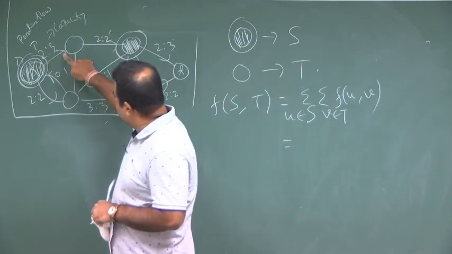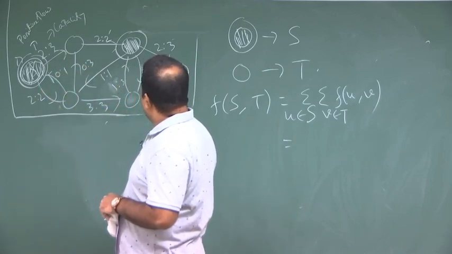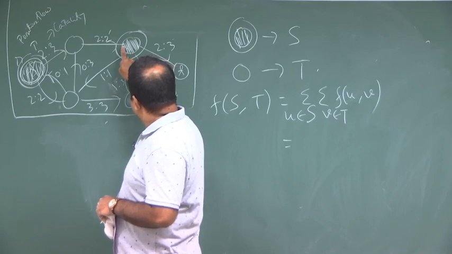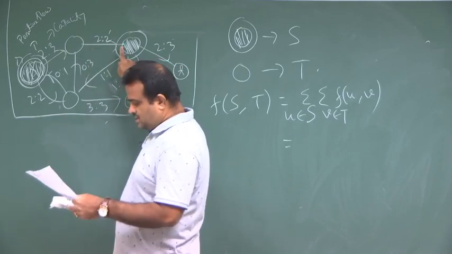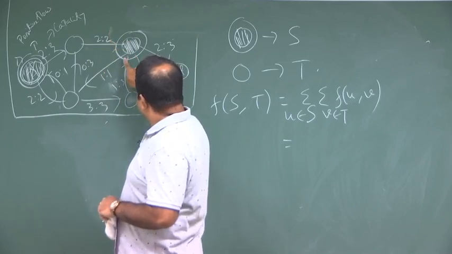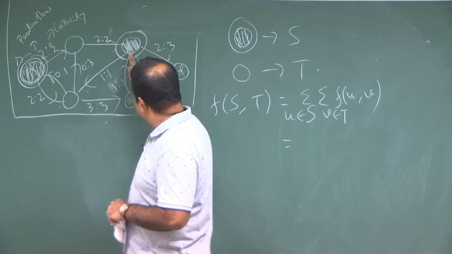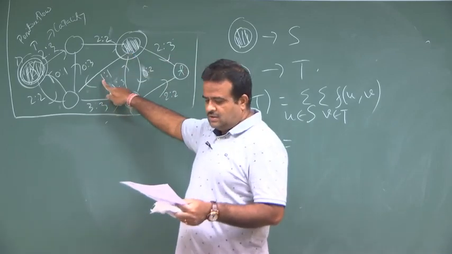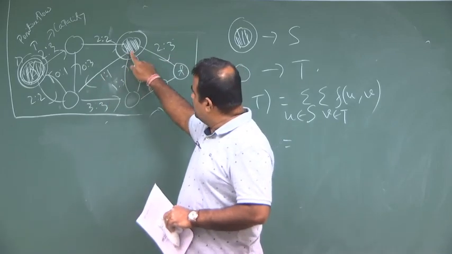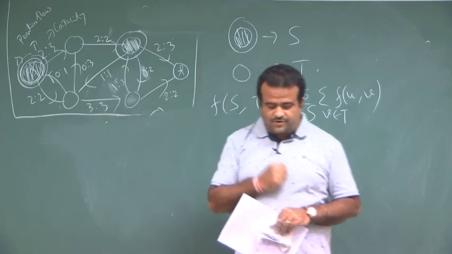This is one edge, this is one edge, and this is one more. So, this is -2 coming from here to here. What is the flow from here to here? The flow is 1, so the flow from here to here is -1, because of the skew symmetry property of the flow.